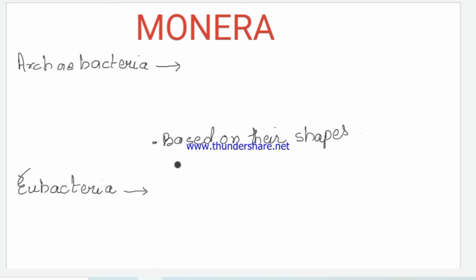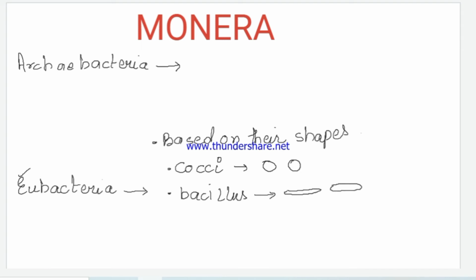So, on the basis of their shapes, they can be cocci, singular coccus. So, coccus bacteria are spherical in shape, like the small ping pong balls. The second is bacillus. You all have heard about lactobacillus. Yes, lactobacillus is a type of bacillus bacteria, and the shape of these bacteria are rod-like or cylindrical.